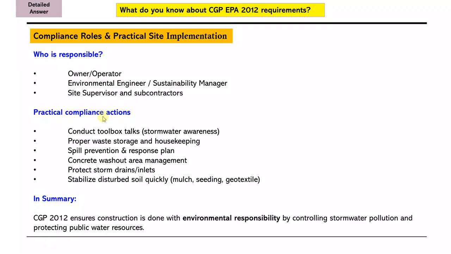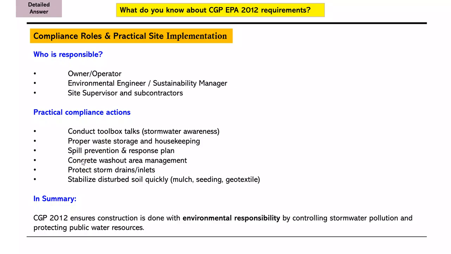What are practical compliance actions on the site? We have to conduct toolbox talks regarding stormwater awareness, proper waste storage and housekeeping. We have a designated area for waste, especially construction and demolition waste, which is C&D, and housekeeping on the site. Then a spill prevention and response plan should be on the site where you have any chemical store or where any activity is going on.